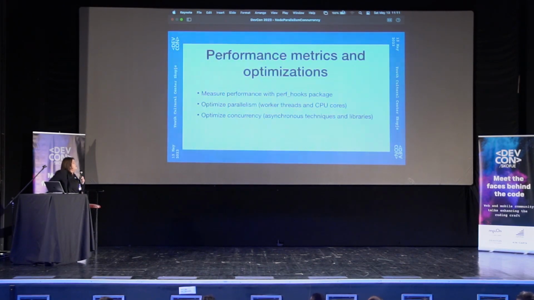Or there are third-party libraries that we can use. For example, for asynchronous techniques, we can use a library called async, while for parallelism, there is a library called parallel.js that is going to help us with the problems that can occur while implementing parallelism.